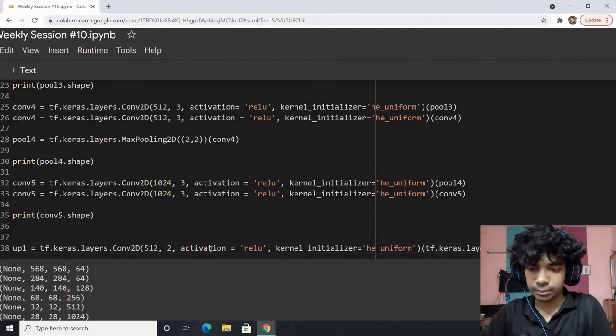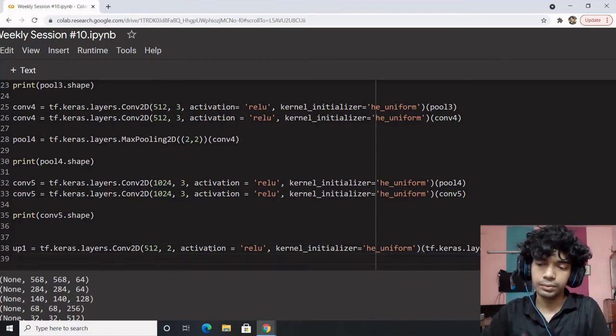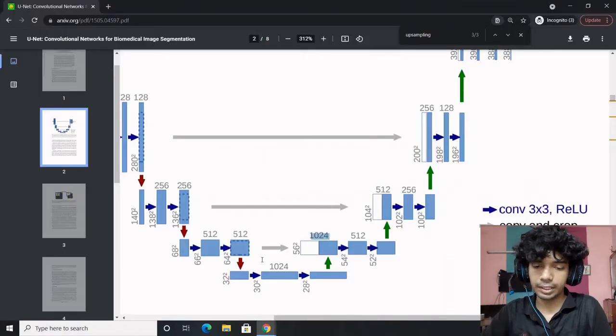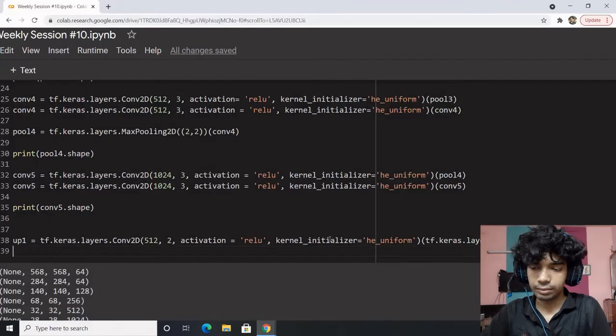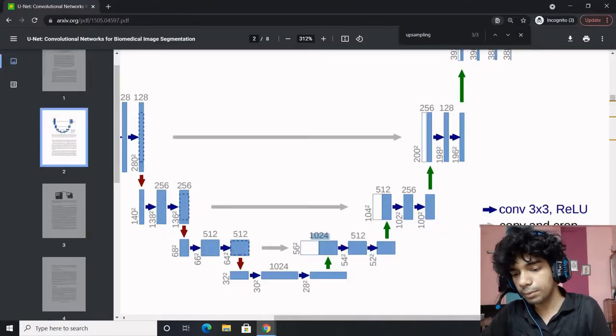This 2 cross 2 upsampling happens on convolution 5, which is followed by a Conv2D. Now we have obtained up1. This is the up1, which would then be concatenated with a cropped part of this.